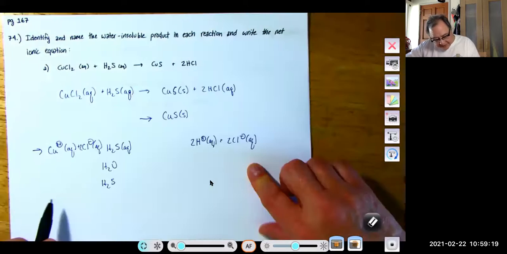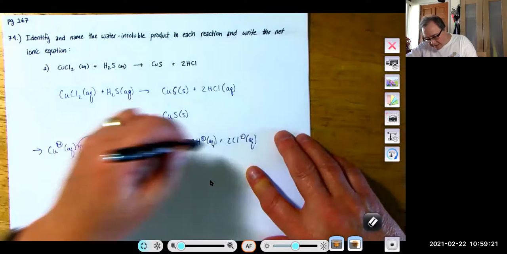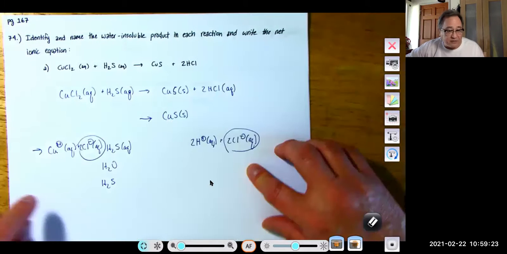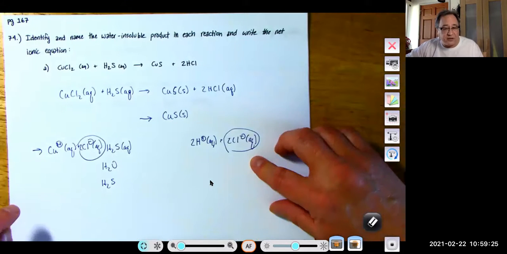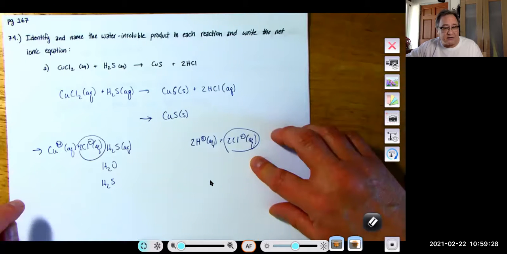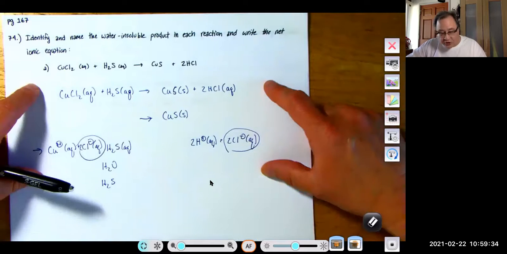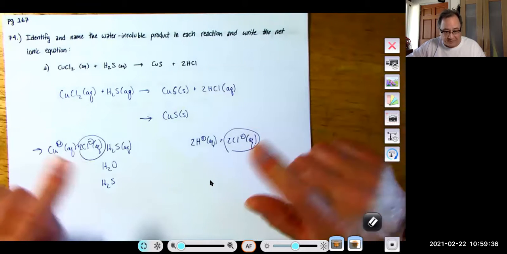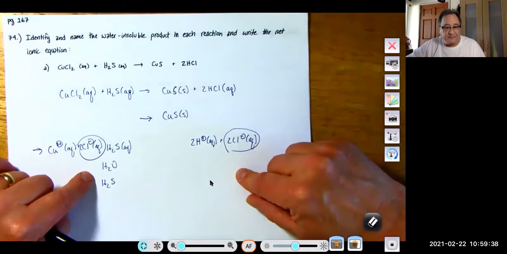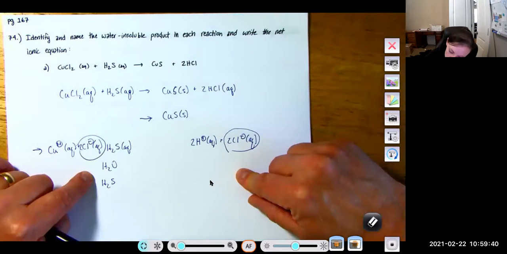So can you see that these are identical on either side of the arrow? What do we call those things that are identical on either side of the arrow? Remember, this is like a sporting match, and these guys aren't doing anything. They're just watching. What do you call them? Spectators. Spectator ions.